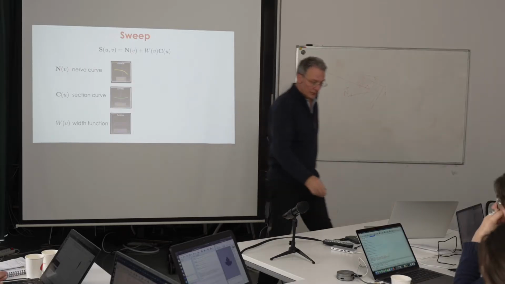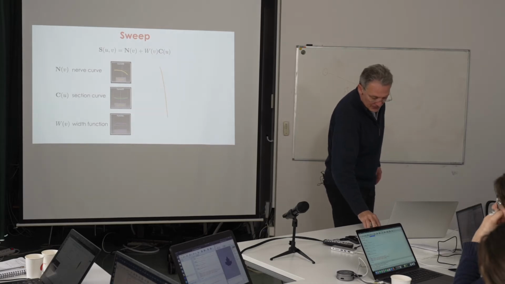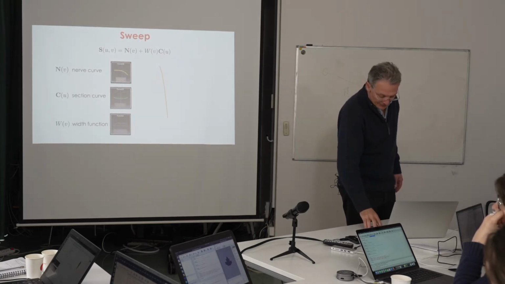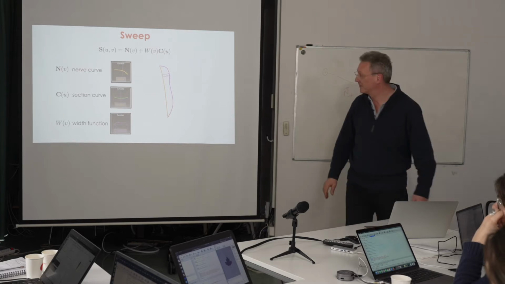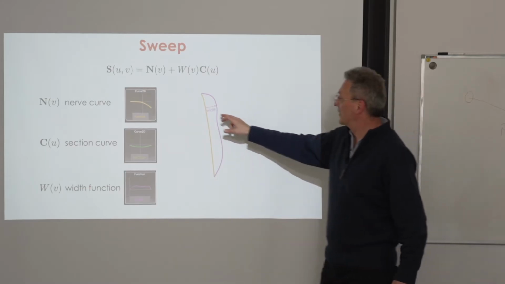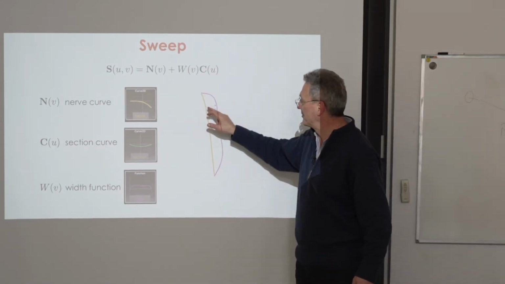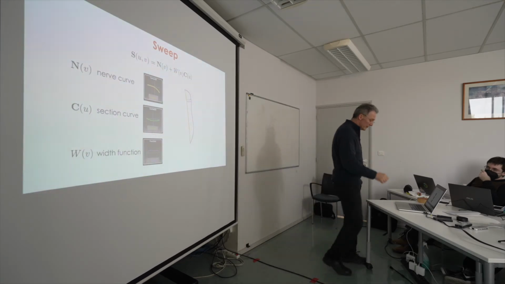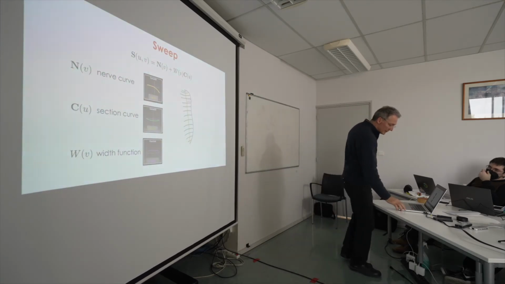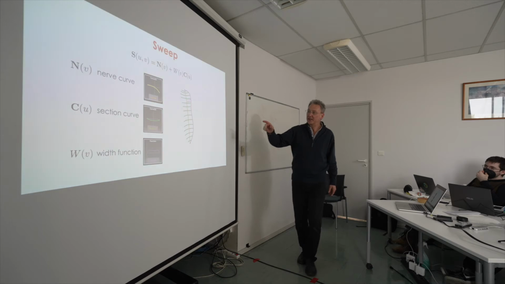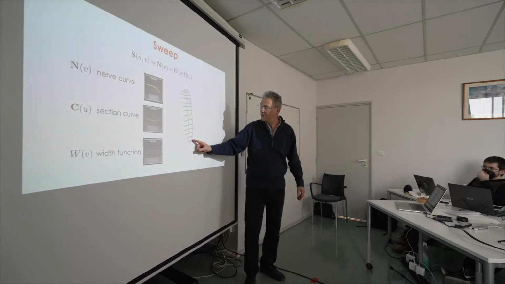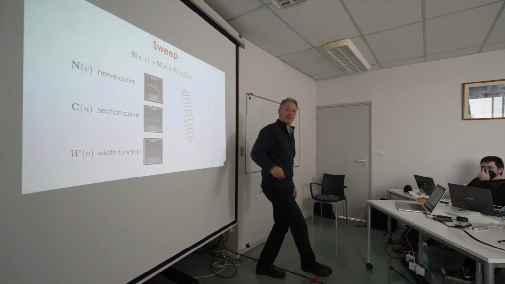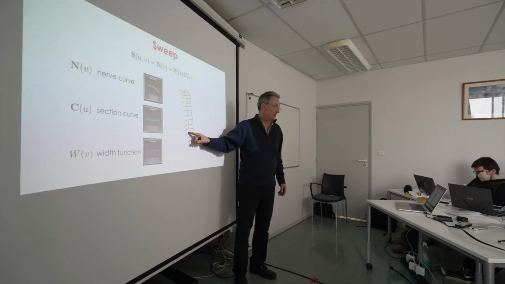And to see how it goes, you have the first curve here in yellow, you have the second curve, you have the width that will define how much along this curve I should stretch or compress the other curve, and then at each level I will apply the second curve according to the width that is indicated by the purple line. So this formula says exactly this.